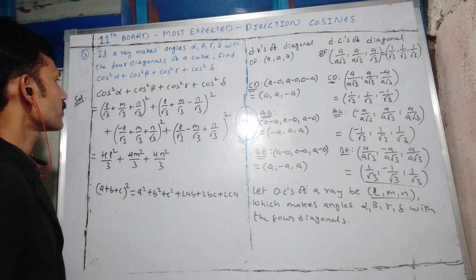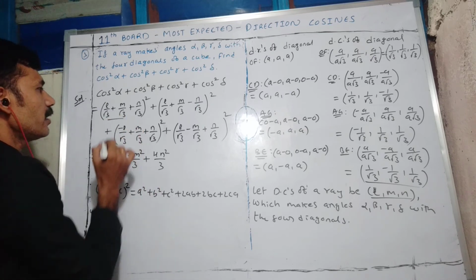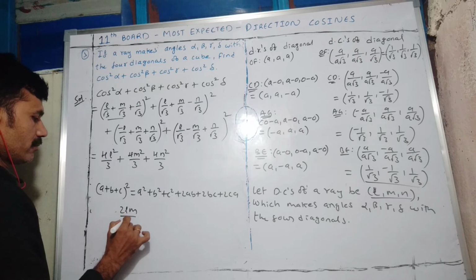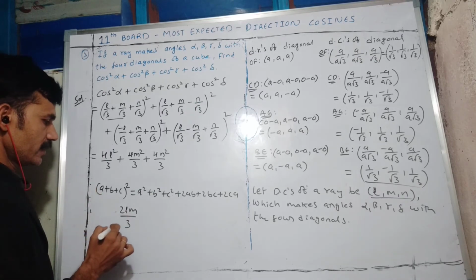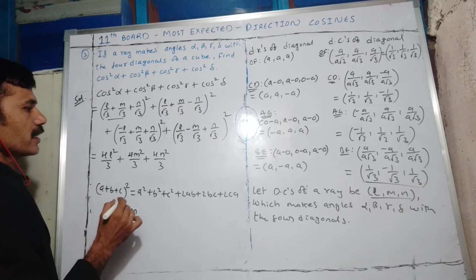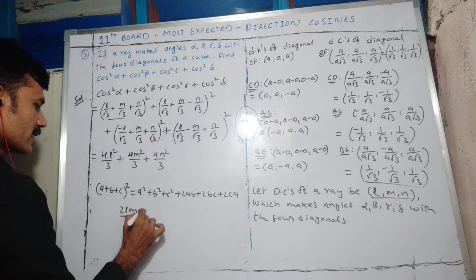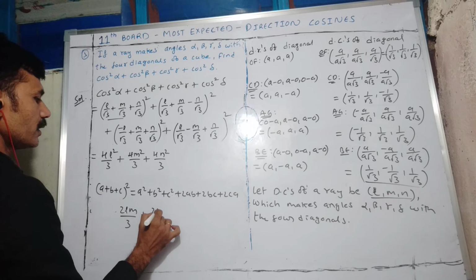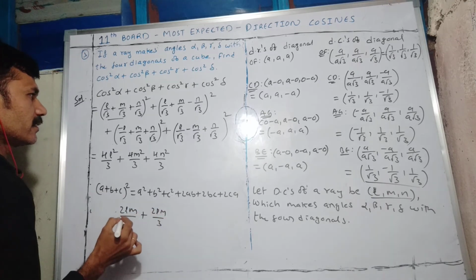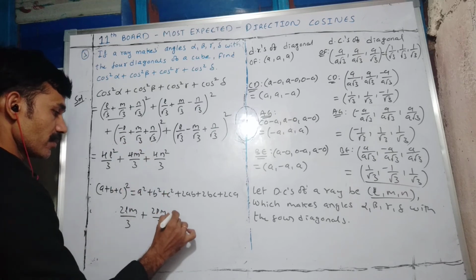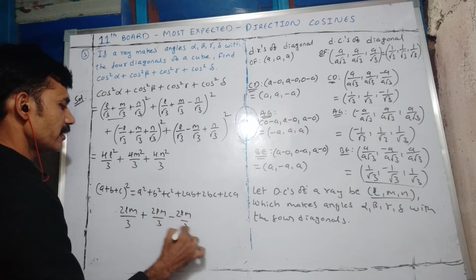And also see, here 2AB means what we will get? 2LM by 3 will get. Okay. Next, here 2AB means what you will get in this term? Same, 2LM by 3 will get. Here 2AB means minus is there, so minus 2LM by 3 will get.